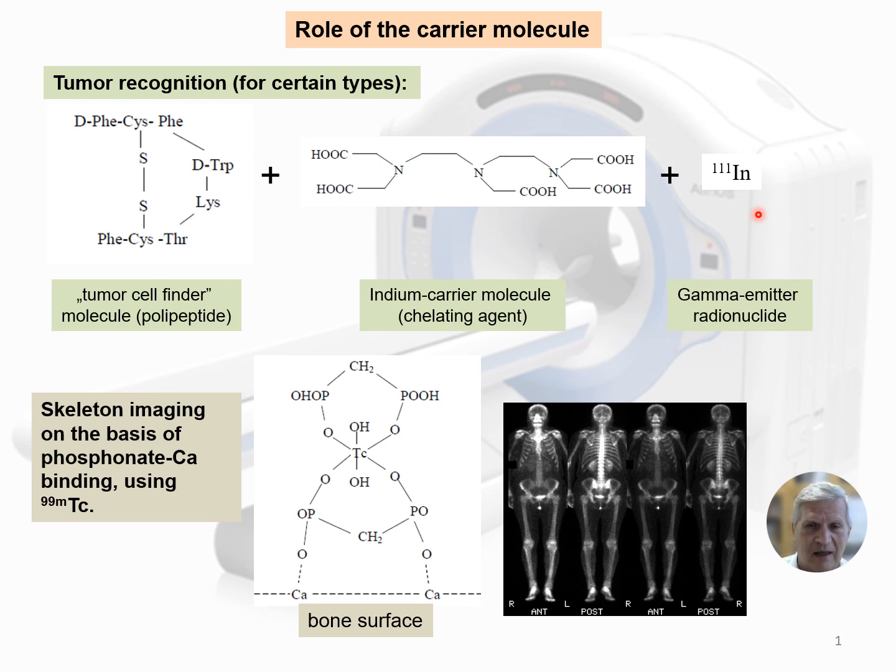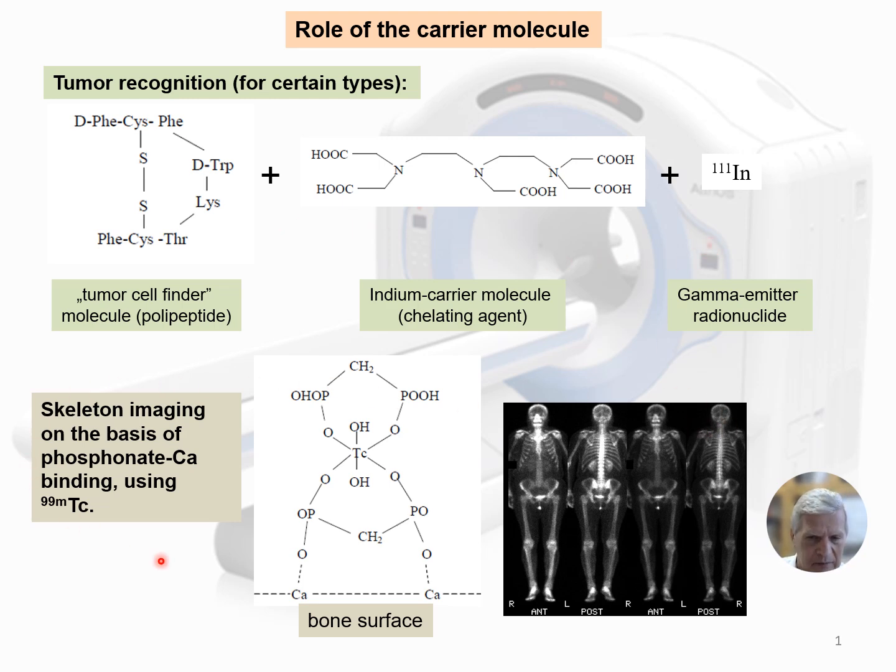That's it. And the indium is a gamma emitter, and this is why it can be used for diagnostics. You may remember from the previous slides that indium has an electron capture decay. So this is a very well developed technique to find tumor cells.